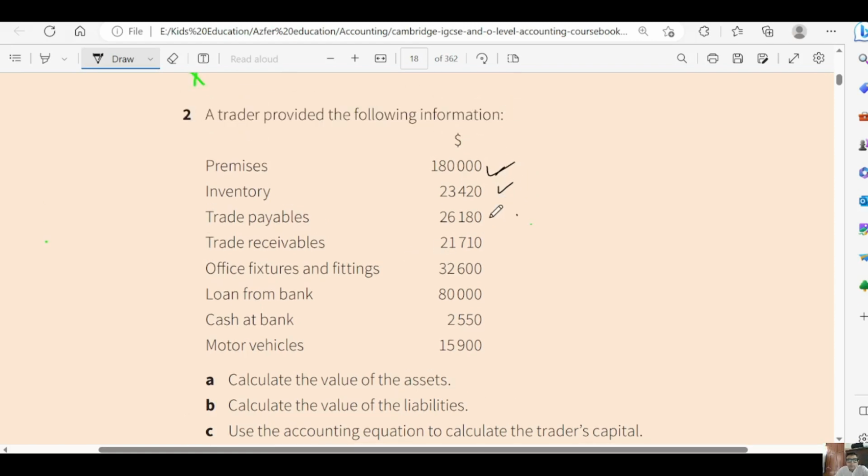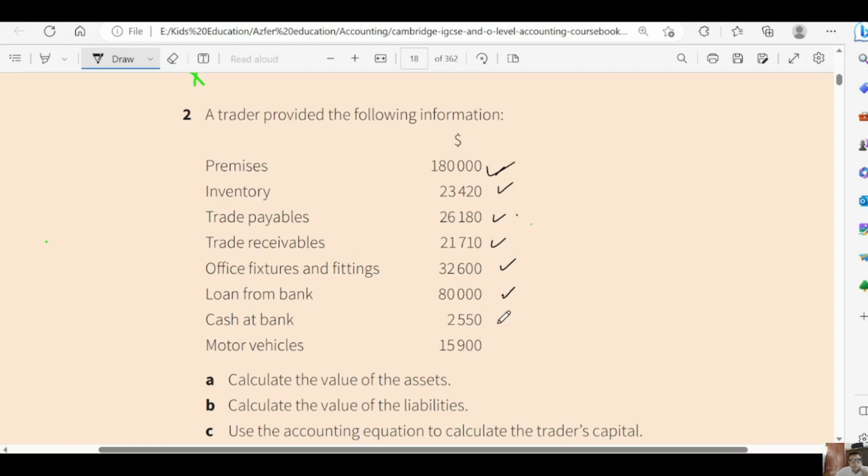Trade payable 26,000. Trade receivable 21,710. Office fixtures and fittings, loan from bank, cash at bank, motor vehicle.